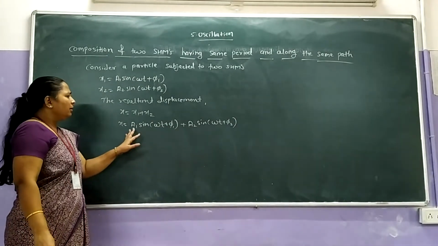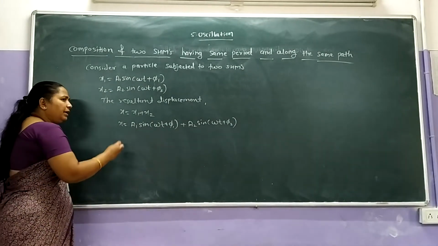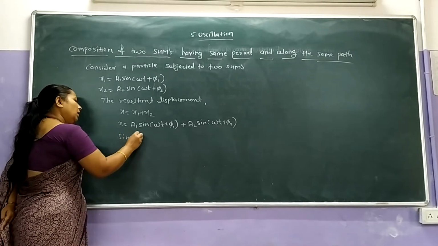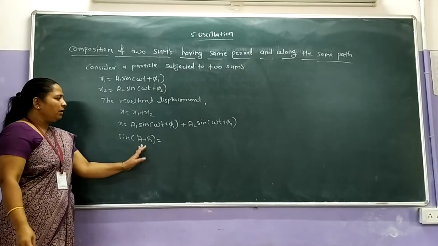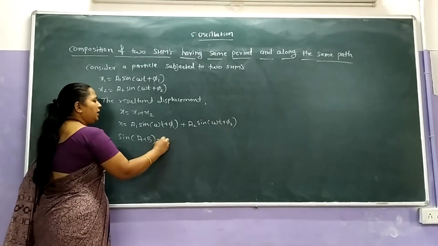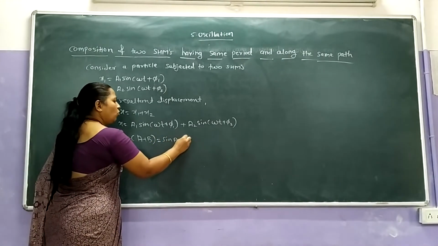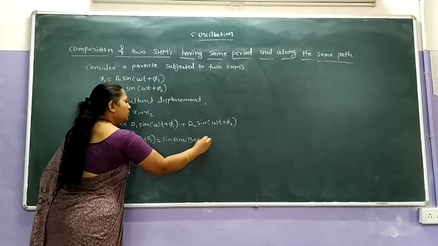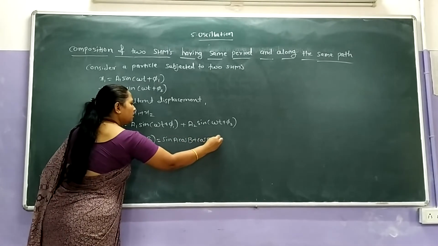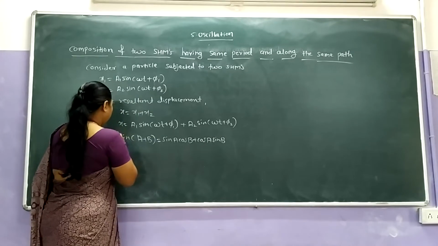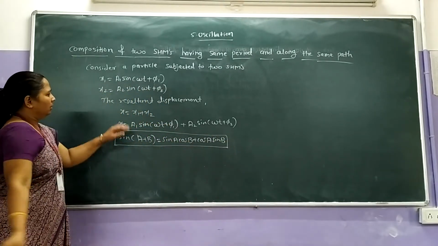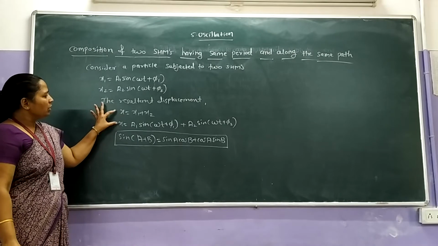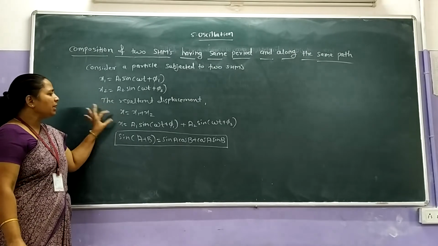By using the trigonometric identity, sine of a plus b is equal to sine a cos b plus cos a sine b, we solve the equation to calculate the resultant displacement.